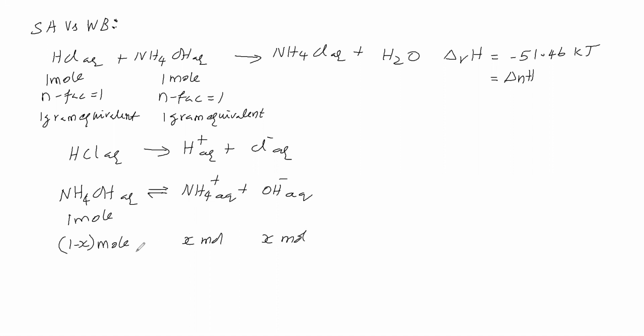So x moles of ammonium hydroxide have gone for dissociation, and the remaining 1 minus x moles are in the undissociated form.